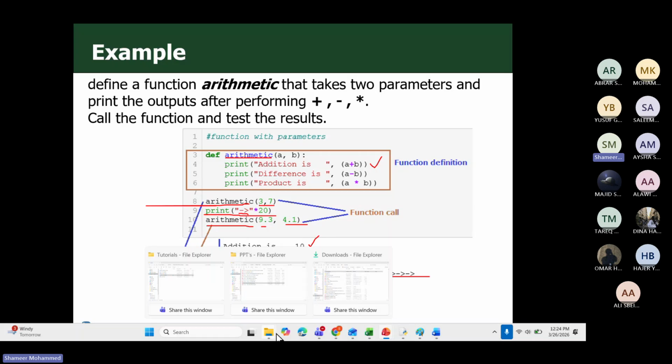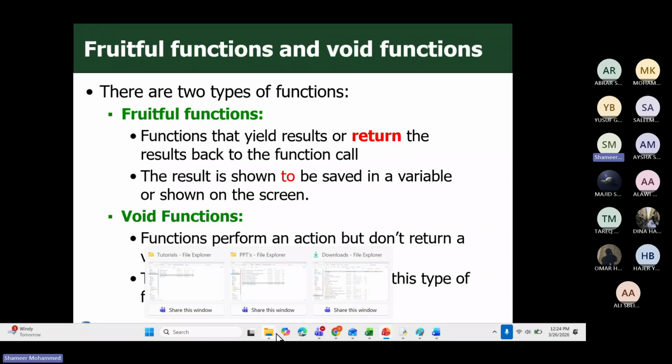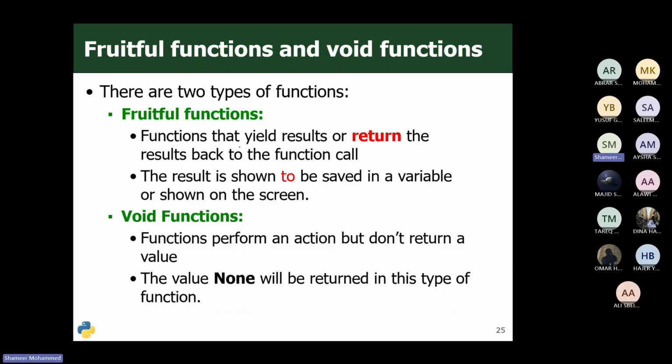Now these are the two different types of functions. Some functions are called fruitful functions, that is, they will give you some answer, which is called a result. It will return the result back to the function call, and the result is to be saved in a variable.